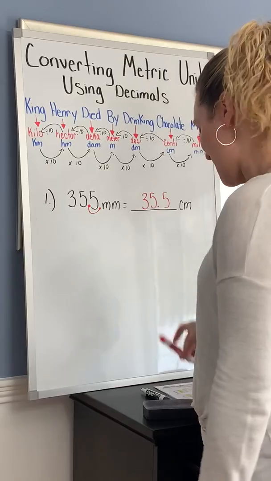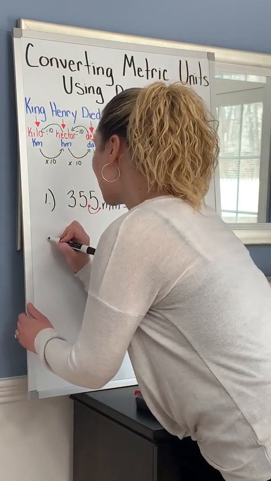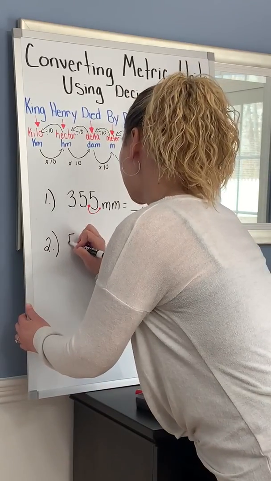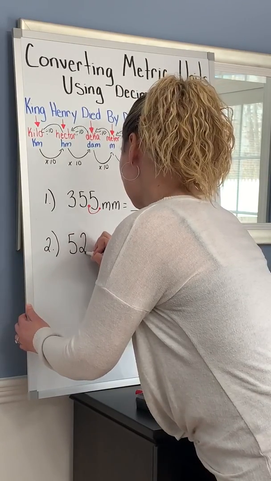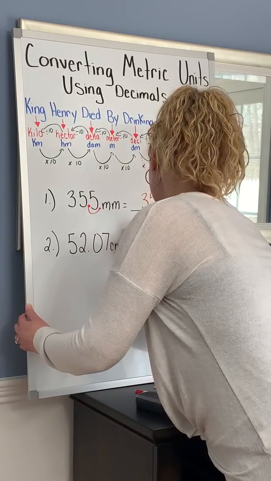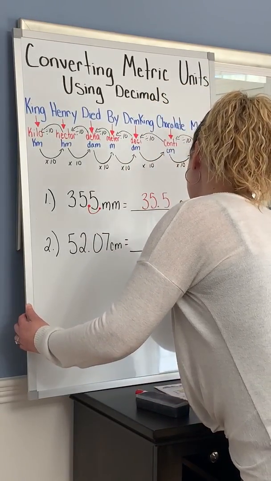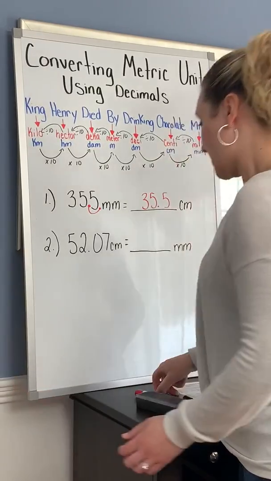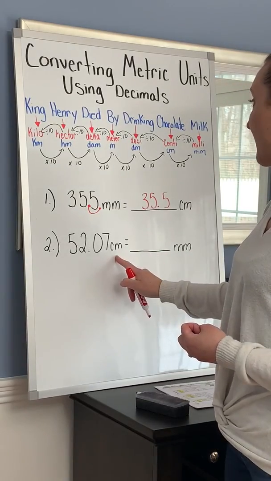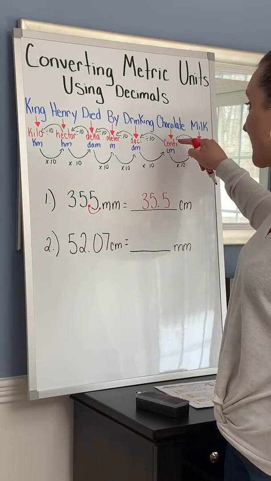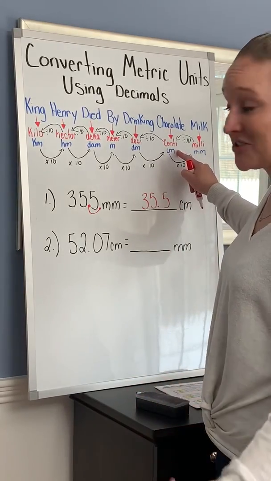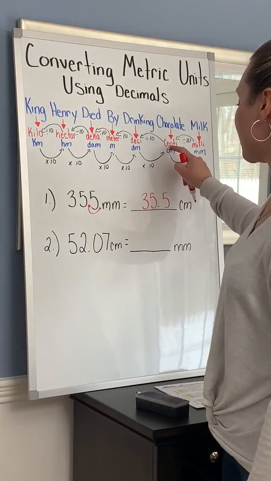Okay, let's try another one. Let's try 52.7 centimeters. And I want to change this one to millimeters. You do the same exact thing that we have been doing. Okay, I'm going to put my finger on the centimeters, which is chocolate, centi, and I know this is tiny because I already learned how to measure with centimeters. And I need to go to millimeters.